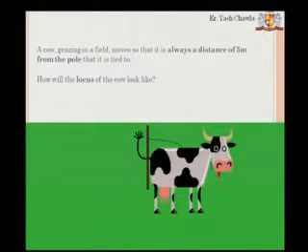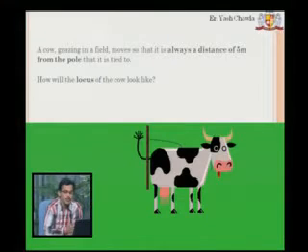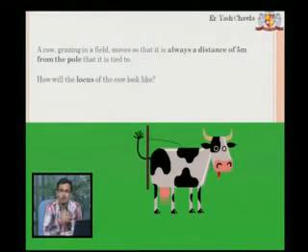This example was discussed last time also. This is a cow grazing in a field, but somebody has tied it to a pole, and that string is 5 meters in length. Now we want to plot the locus, that is, the maximum distance that the cow can go.